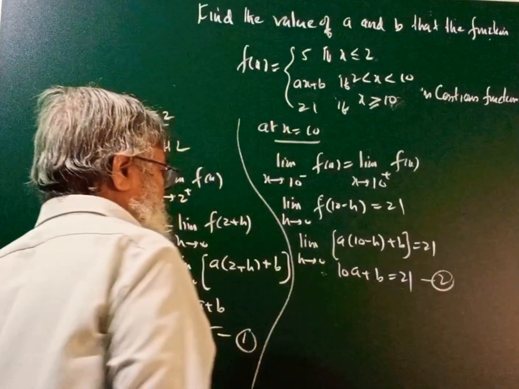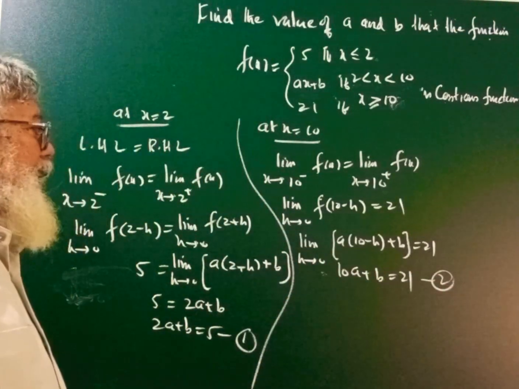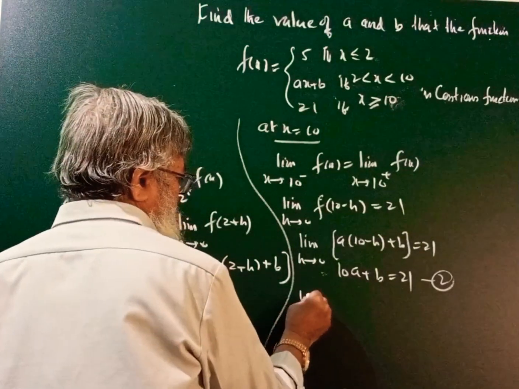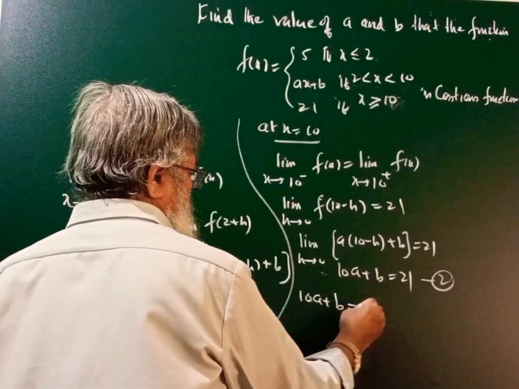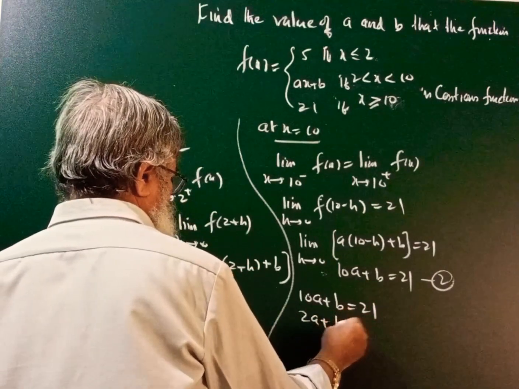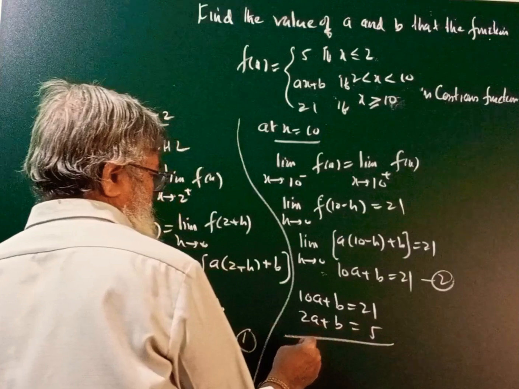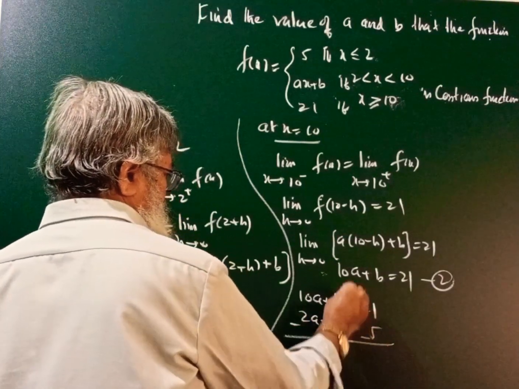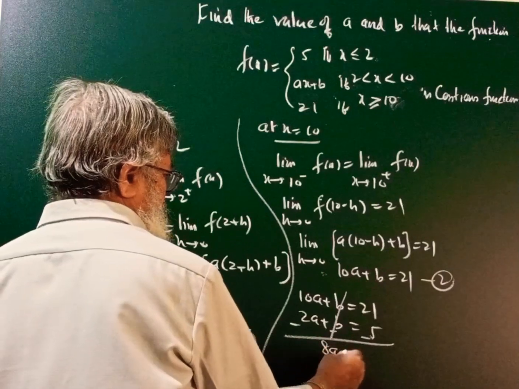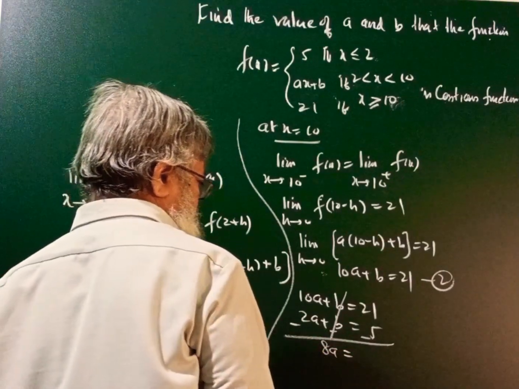Now we have to solve equations 1 and 2 to get the values of a and b, like simultaneous equations. Let us solve it. 10a plus b is equal to 21. 2a plus b is equal to 5. Now subtract. The b gets cancelled. 10a minus 2a, 8a is equal to 16.